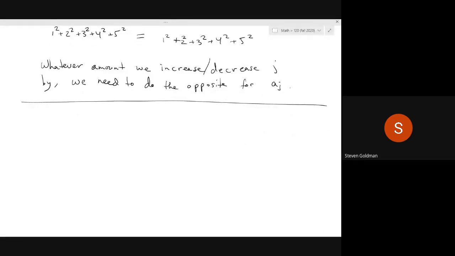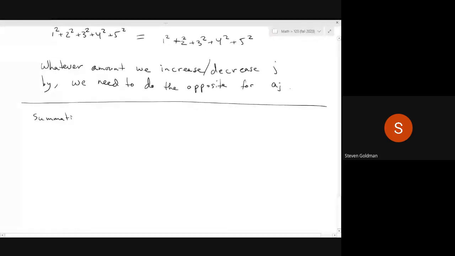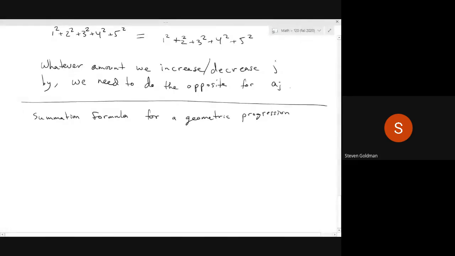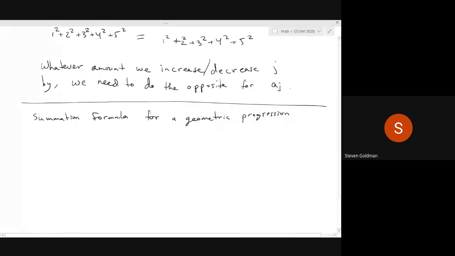We're going to start with a summation formula for a geometric progression. Geometric progressions, by the way, are also sometimes called geometric series.